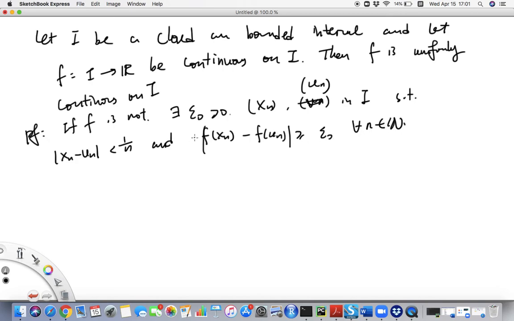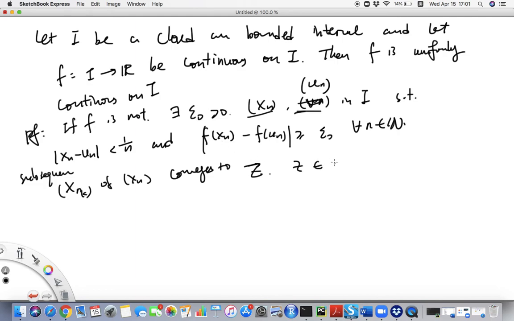Now, since I is bounded, we know both of the sequences are bounded, right? We know that a bounded sequence has a convergent subsequence. So there is a subsequence x_{n_k} of x_n such that it converges to z. Okay. Now, since I is closed, we know that z is in I.